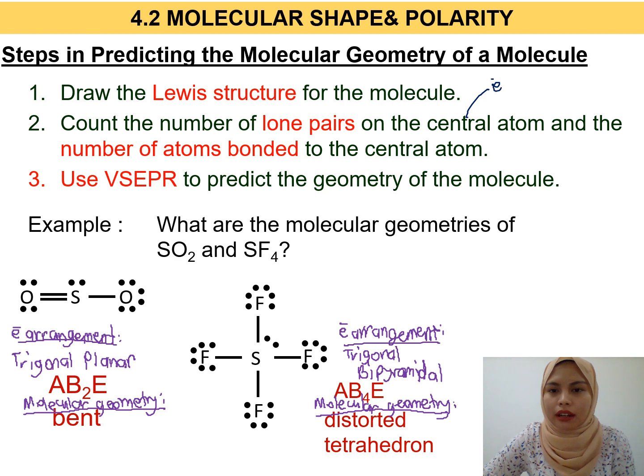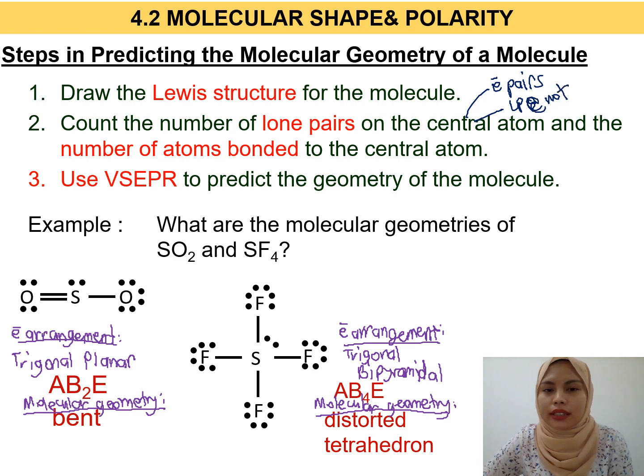Okay, you boleh count the central atom tu punya electron pairs berdasarkan dia punya bonding pair dengan lone pair, and then you boleh check sama ada dia ada lone pair or not. Okay, sebab kalau let's say central atom tu ada lone pair, bermaksud you kena use VSEPR theory untuk predict the geometry of the molecule.